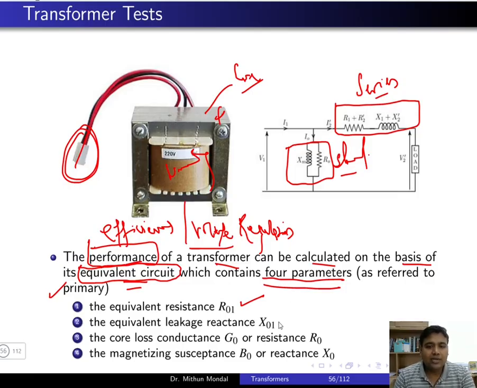Similarly, the equivalent leakage reactance is represented by X01, the core conductance by G0, and the resistance by R0. The magnetizing susceptance is B0 and the reactance X0. So these are the four parameters which we are trying to obtain from the transformer test.